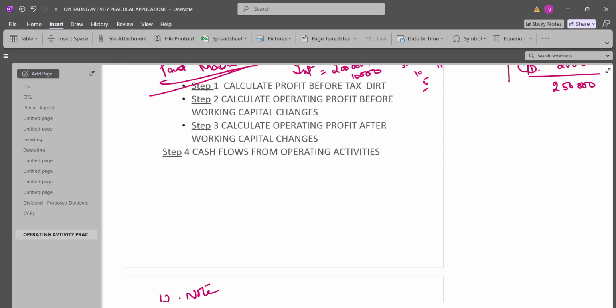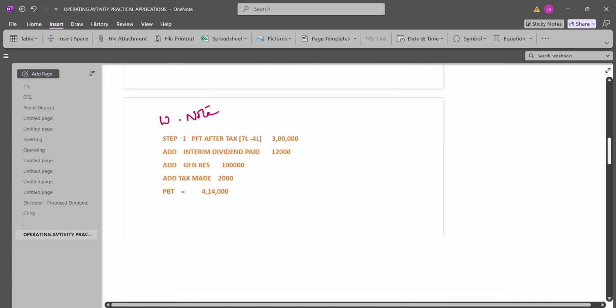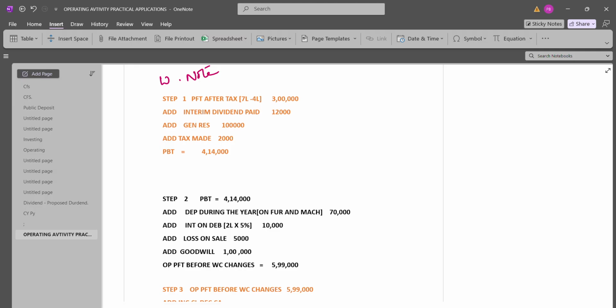This amount for me stands out to be somewhere around rupees 3 lakh. Now the next step is interim dividend paid. We have paid interim dividend, reserve, provision for tax paid and made is the same. So we get profit before tax of 4 lakh 14,000.